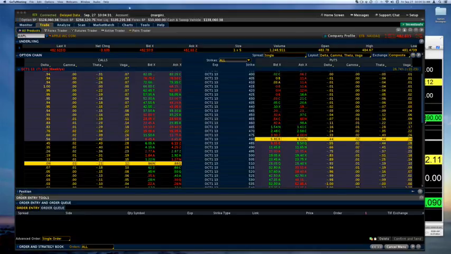As we move away from it, it's getting lower, and that also affects the delta. As we're moving away, the delta's getting less and less. That's why things that are way out of the money have very low deltas, and they don't move nearly as fast as the stock.